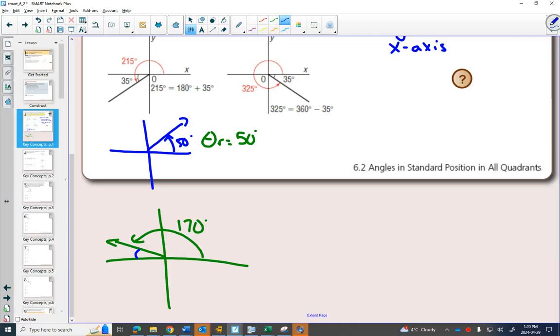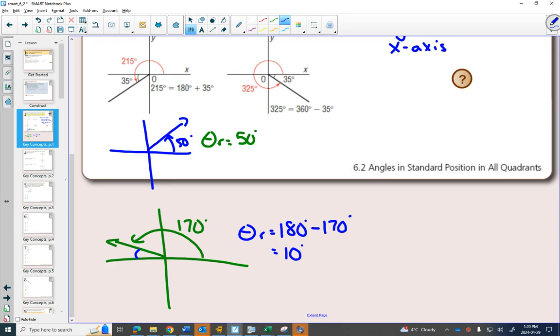So we're going to use 180 to figure out a lot of things about reference angles. In this situation, does it make sense that your reference angle would be 180 degrees minus the 170 degrees, or 10 degrees?